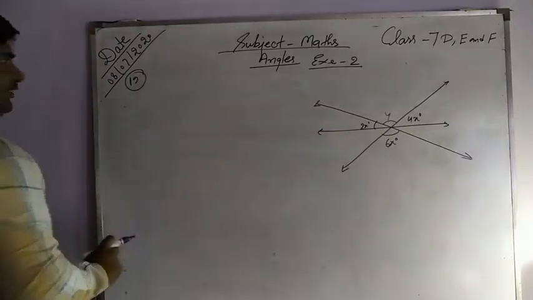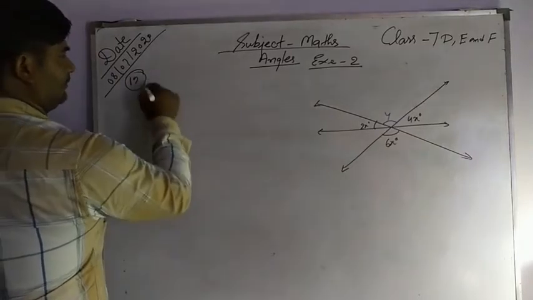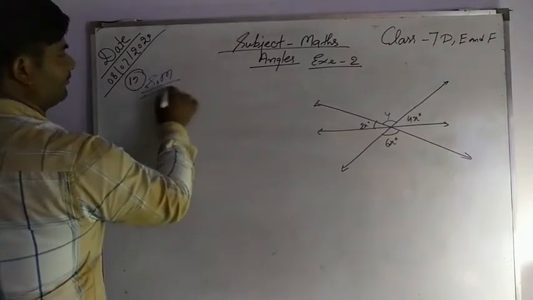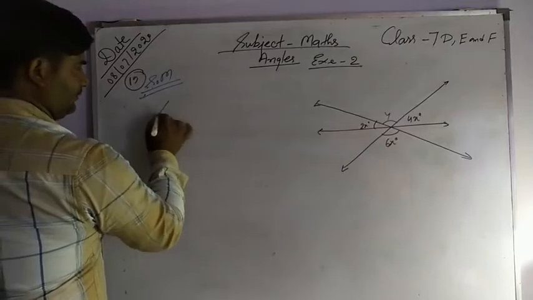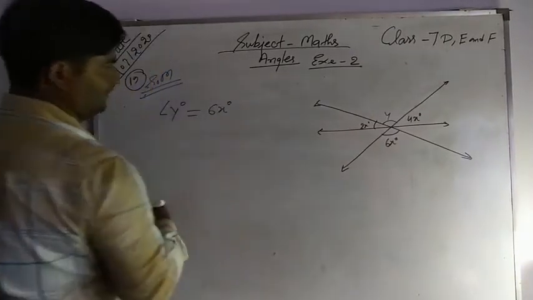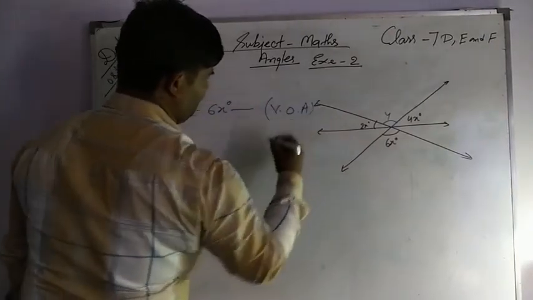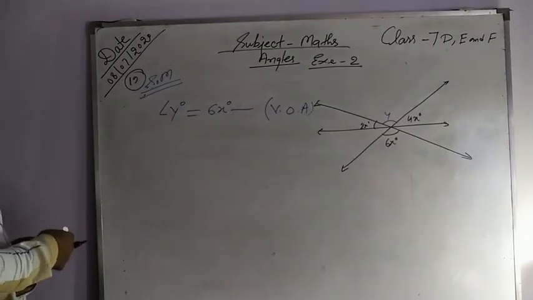Okay, so from the figure, since angle y is equal to 6x degree, this is the vertically opposite angle. Now what do we do?